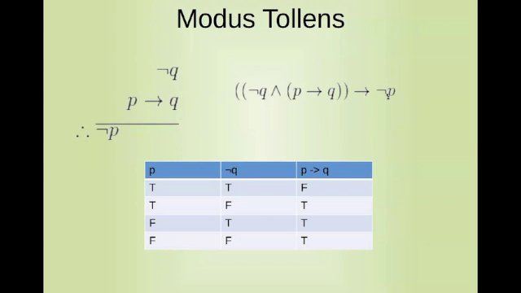Now let's move on to the counterpart of modus ponens, modus tollens, which says if not Q is true and P implies Q is true, you can conclude that not P is true. In other words, if you know Q is false and P implies Q is true, P must be false. So let's look at this statement. Not Q, when is that true? It's true here and here.